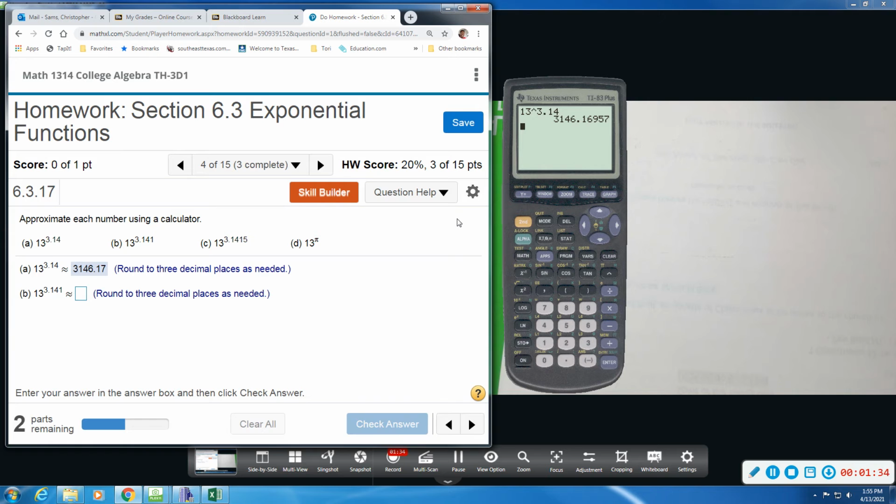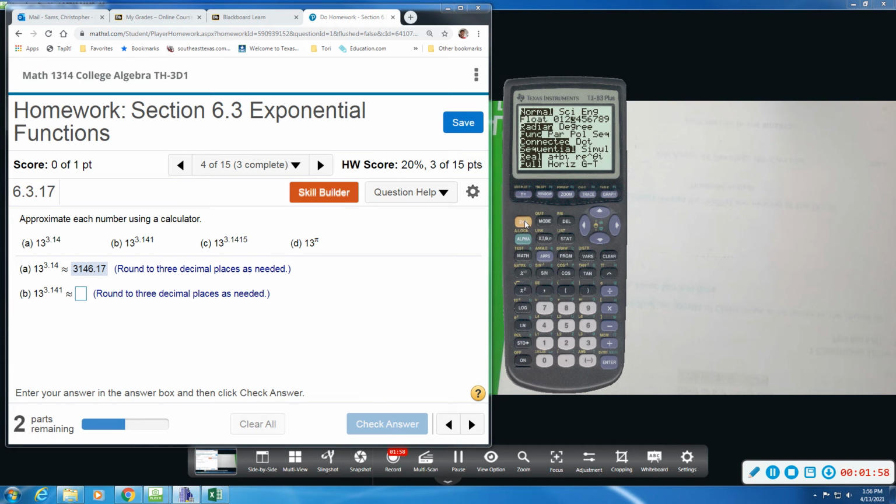Now, one of the neat things about these graphing calculators, they will even round for you. I don't want to really teach you this because it can make you lazy, but if you go to mode, this option float right here tells me how many decimal places I want. If you go over and say round to 3 and then hit enter so it locks in, notice now the 3 is highlighted.